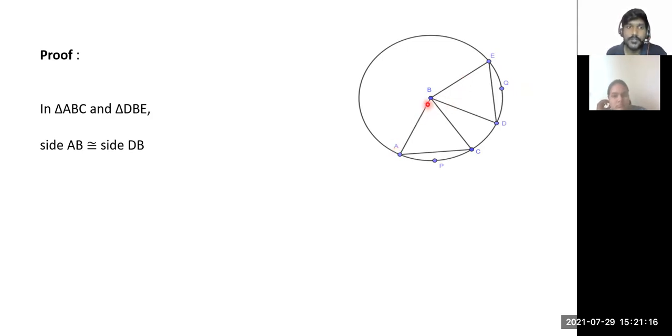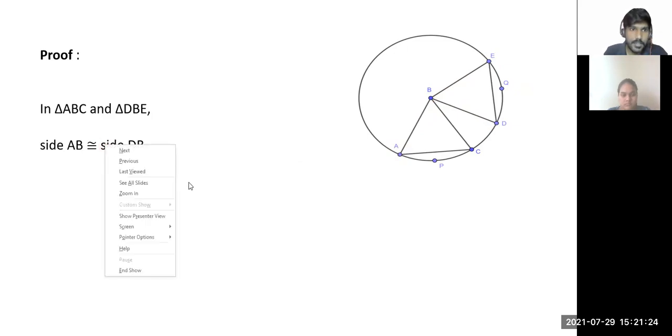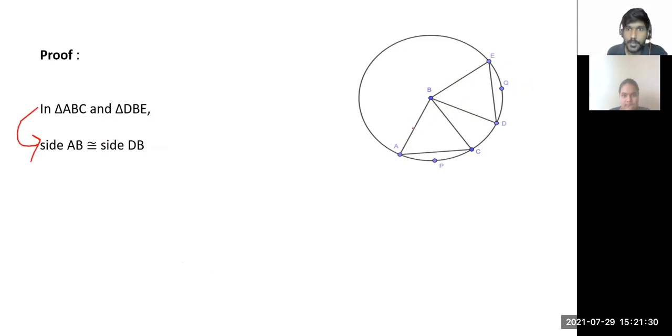Firstly, side AB from triangle ABC and side BD from triangle DBE are congruent to each other.